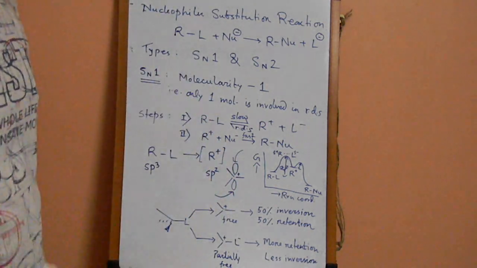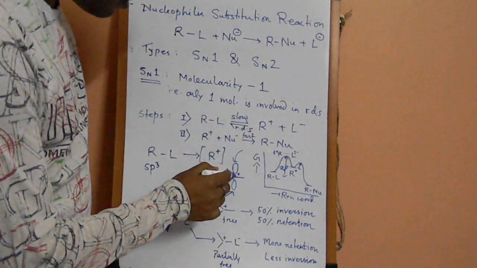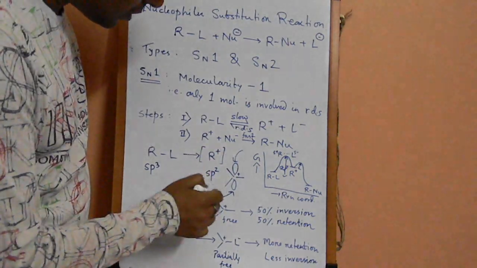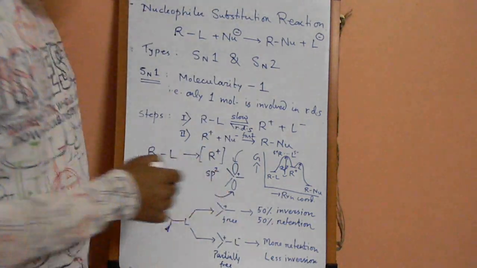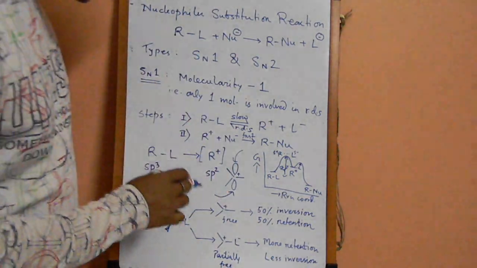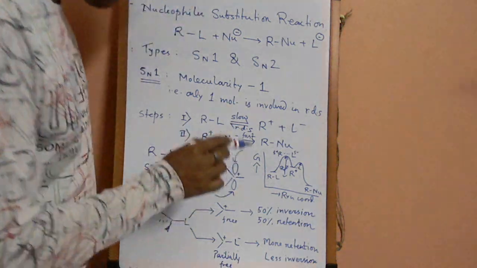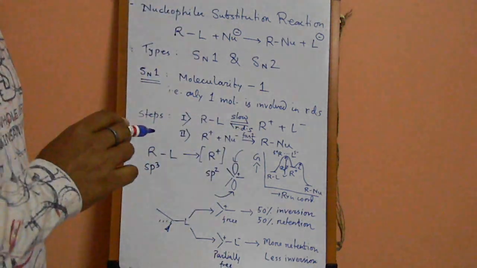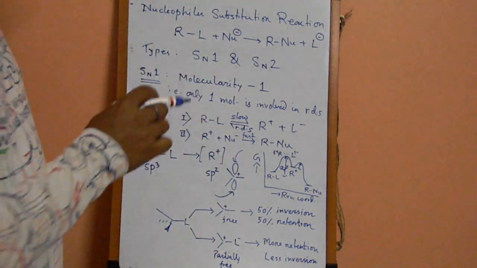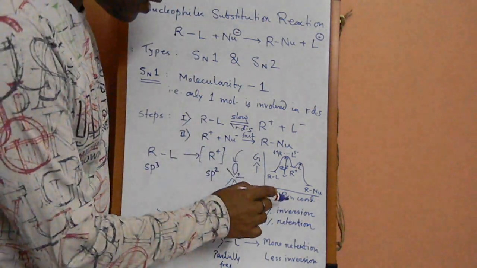Now the nucleophile can attack this carbocation from both sides, up and down, so you get both products in equal amount ideally. So it will be 50%, we call it inversion and retention.